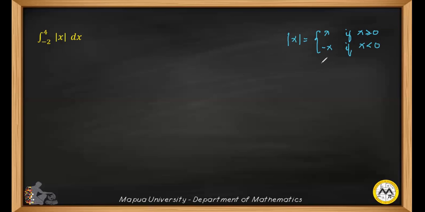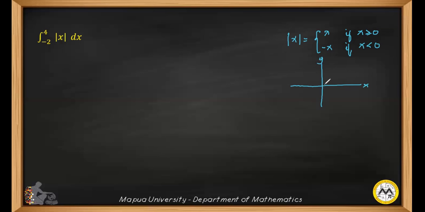Now, let us consider the geometric representation of the absolute value of x. And we can see that the integral of the absolute value of x is actually the area under the curve.